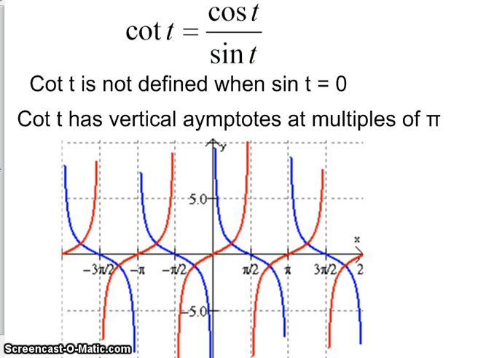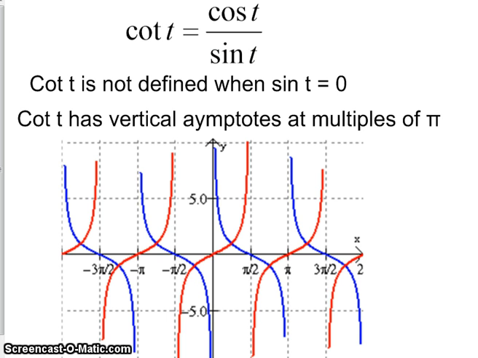So let's point out a few things about the tangent and the cotangent graph before I try and graph this myself. Here you see both tangent and cotangent. Which one is tangent? Red or blue? Red. Okay.